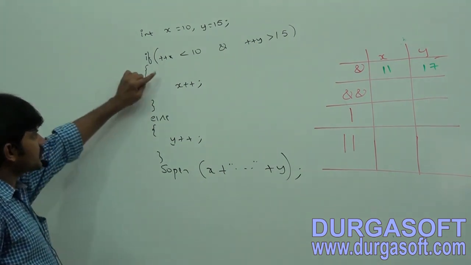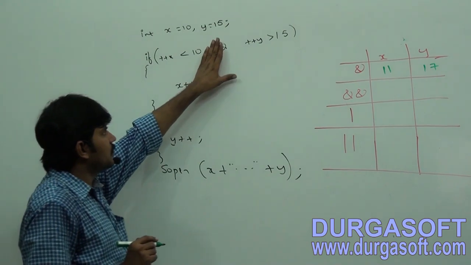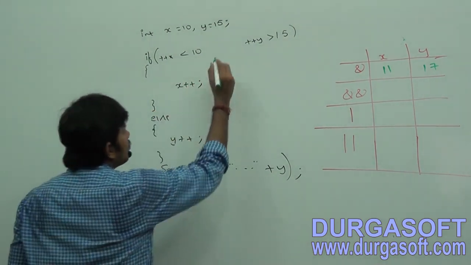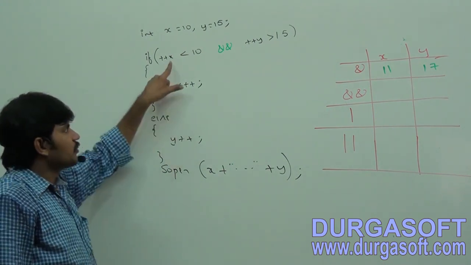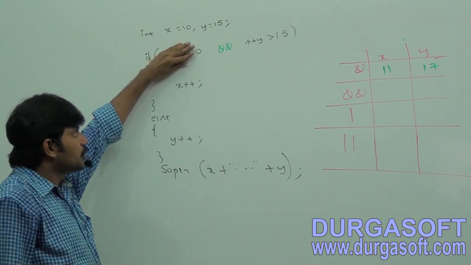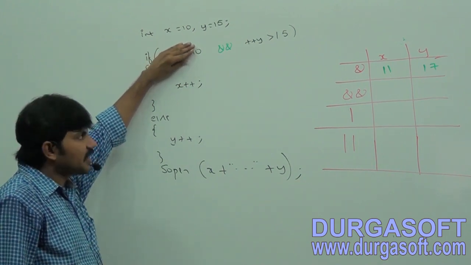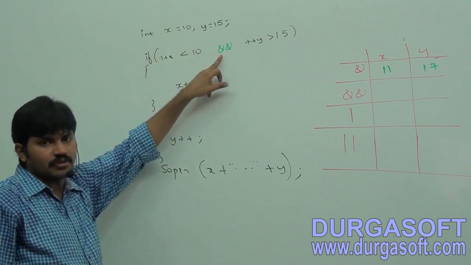Next, if I don't want to use single and, I want to use double and. First one, true or false? False. If it is false, will the second one be evaluated or not? No, because it is a short circuit operator.